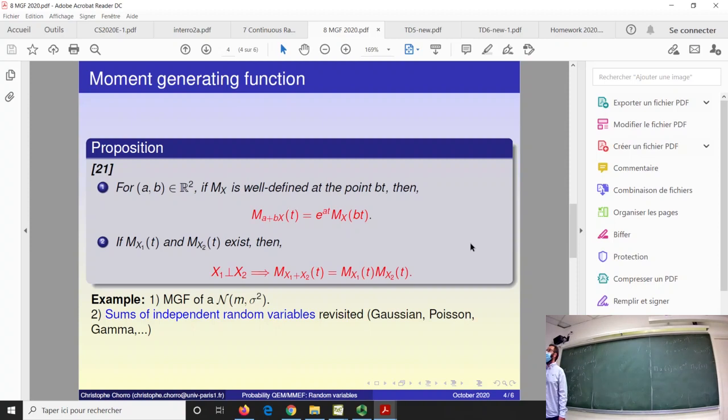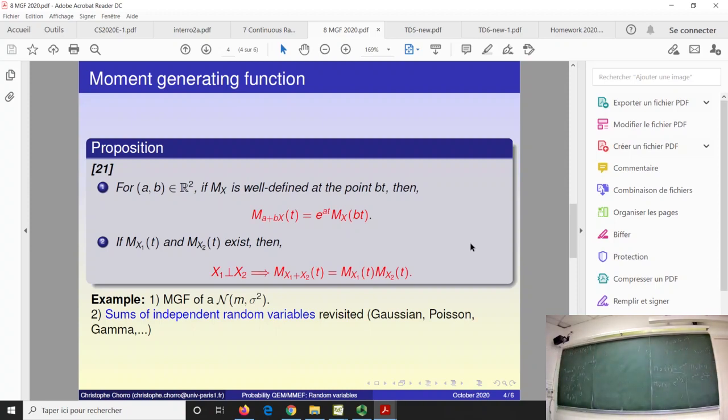It's exponential x squared over 2. It's just the previous computation we have done together. I know the moment generating function of y, that is exponential x squared over 2. So I just have to plug inside, and I obtain, for this one, exponential mt, exponential sigma squared t squared over 2.